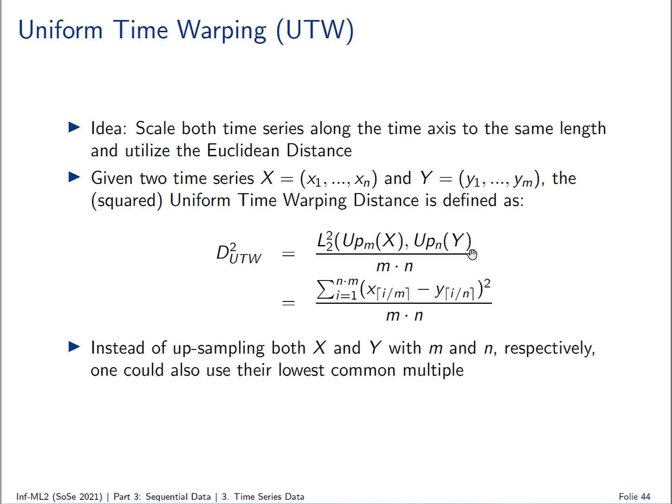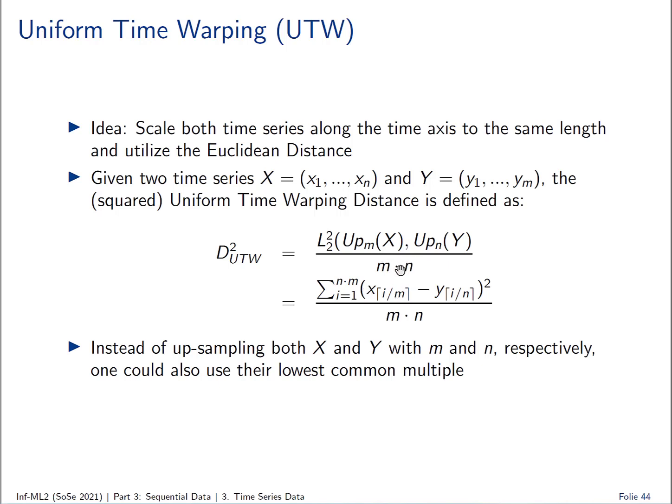In that case, we end up with two time series of length m times n. From a time series of length n with an upsampling of factor m, we get n times m elements here, and here we get n times m elements as well. And we normalize that here.